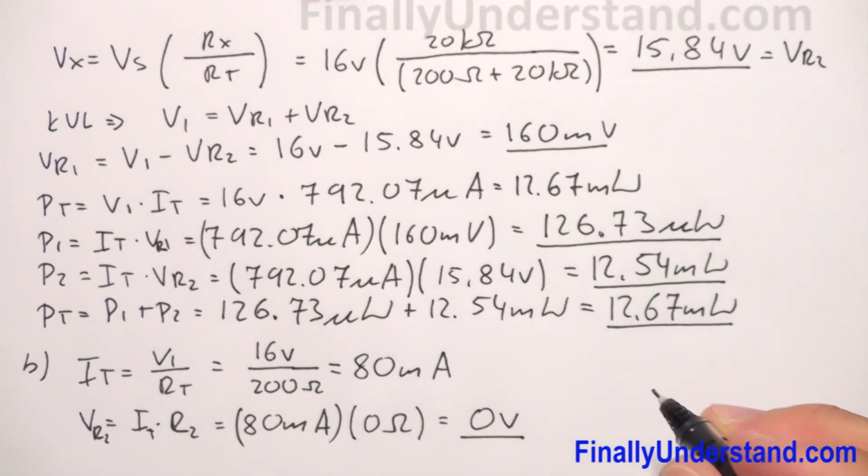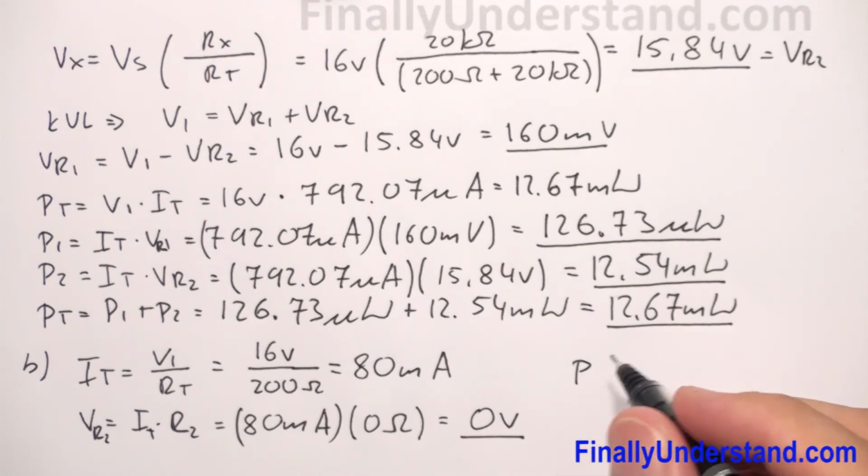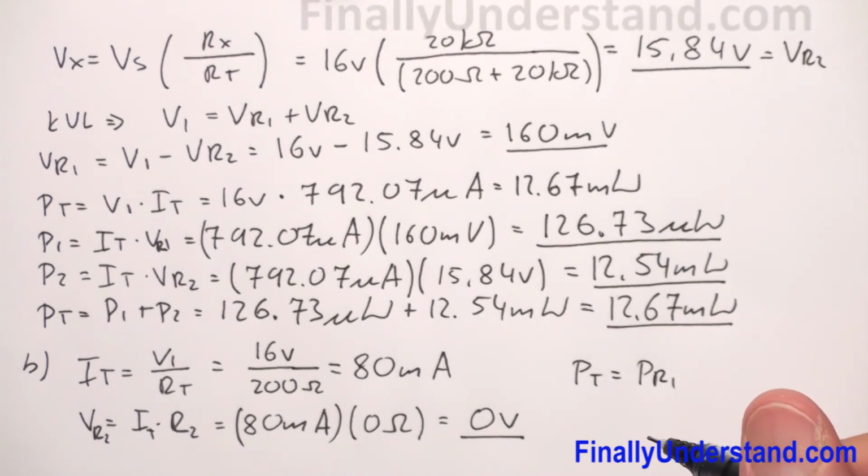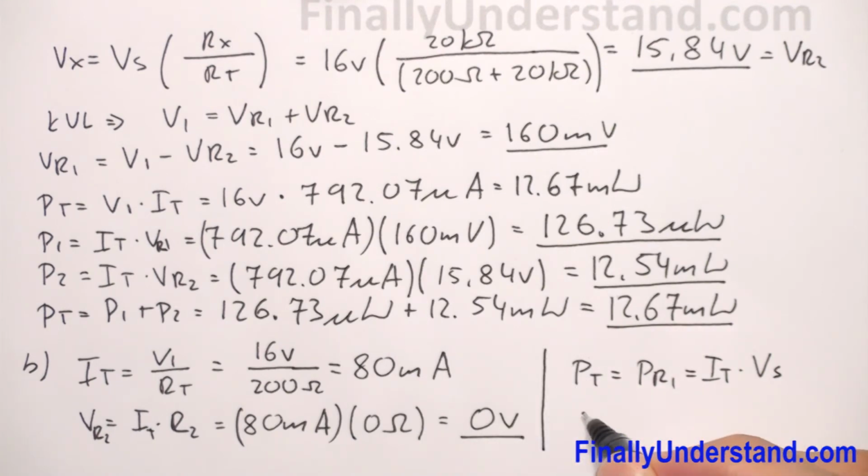Someone wants to find the power. P total is going to be equal to the power at resistor R1, because we have just one resistor in this circuit, since R2 is shorted. So this is simply I total times the voltage source. P total is equal to I total, 80 milliamps, times the voltage source, 16 volts.